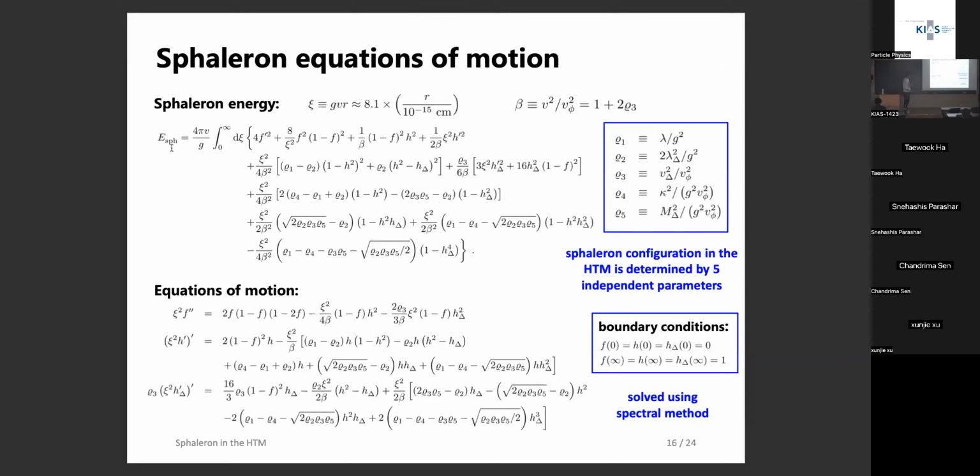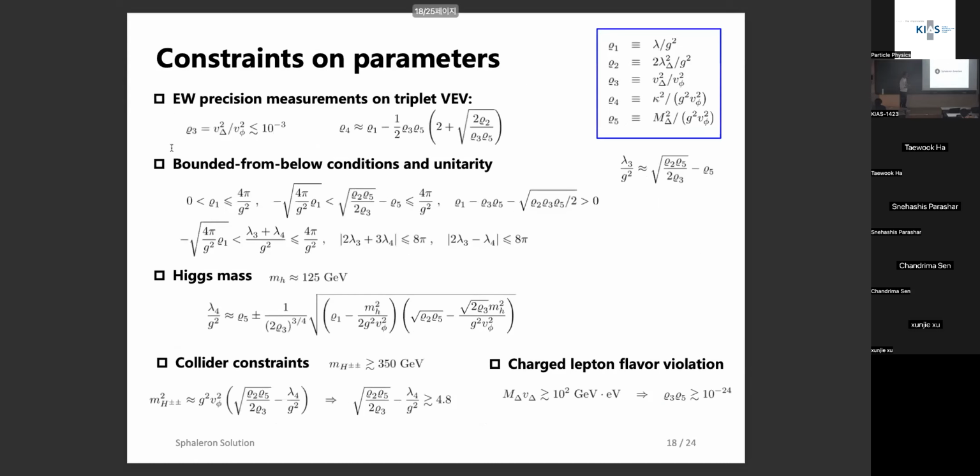In principle, for any values of these parameters, the differential equations can always be solved using the spectral method. But we know that all of the parameters have some physical meanings, so they cannot be taken to arbitrary values, because there are some constraints from both theoretical and experimental aspects we need to consider.